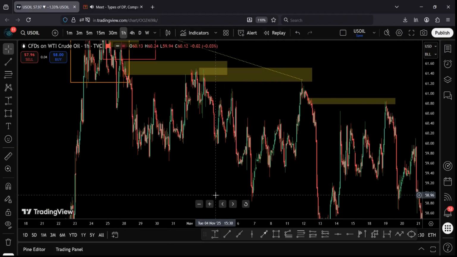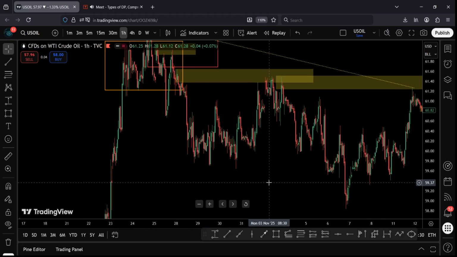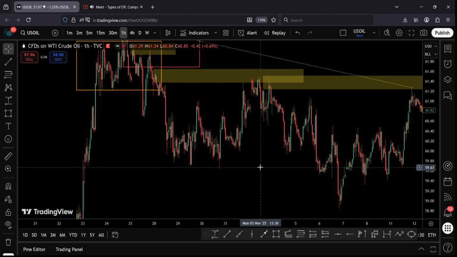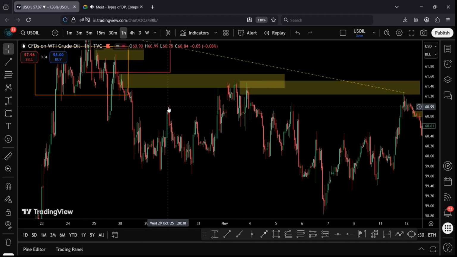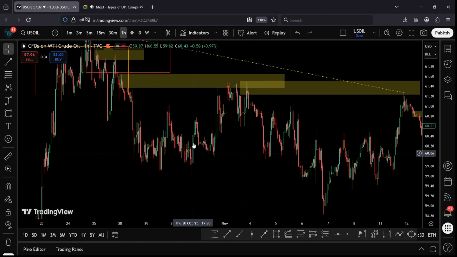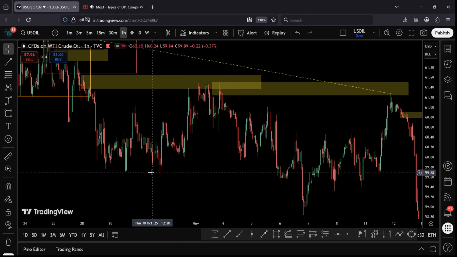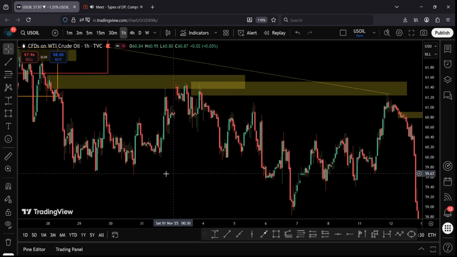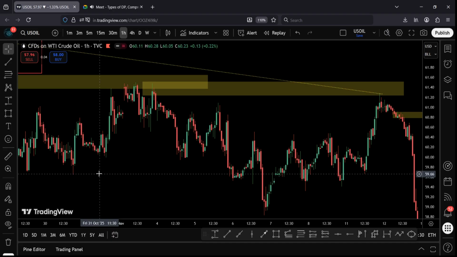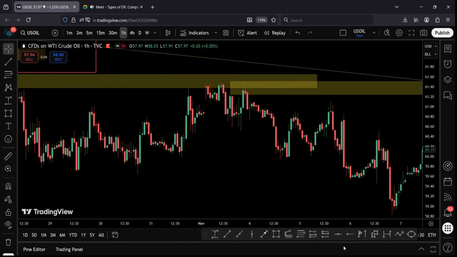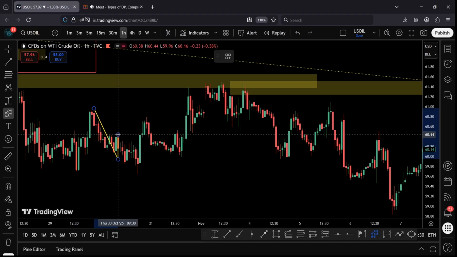If you look at this structure, what is happening here? Price goes up, comes down, goes up, comes down. Where is it coming down? This is the FL. Price comes down. If we zoom in, this one is our, price comes down, goes up, comes down, goes up, comes down.